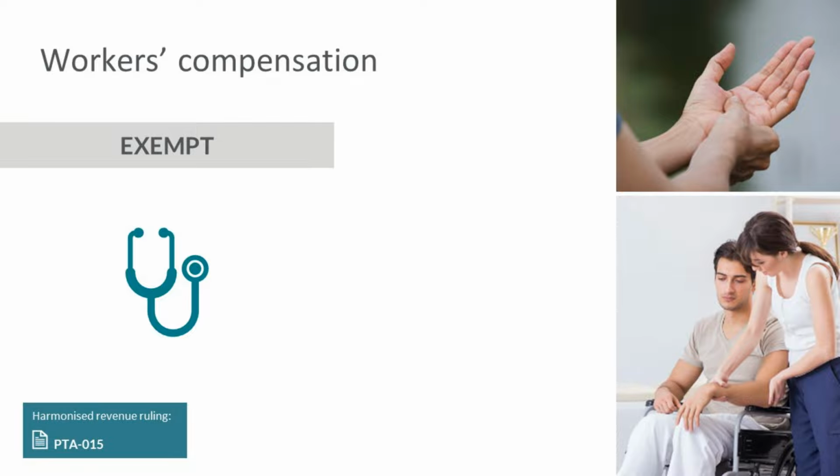Therefore, the amount of the compensation paid is exempt in these first 2 weeks, even though the employer has not received any compensation payments. If the compensation amount is less than the employee's regular pay, any top-up or make-up payments provided by the employer to the employee to cover the difference is subject to payroll tax.